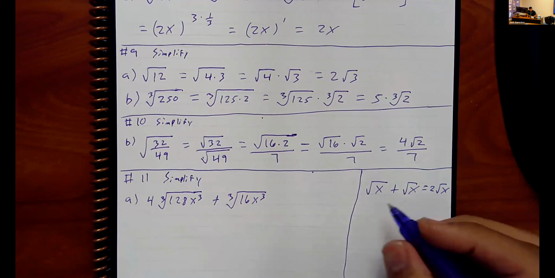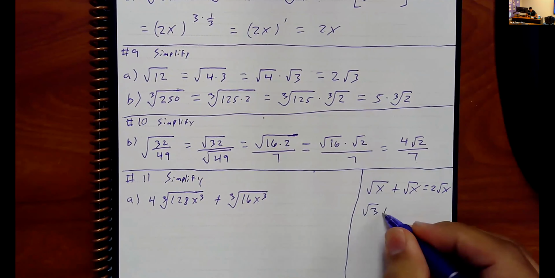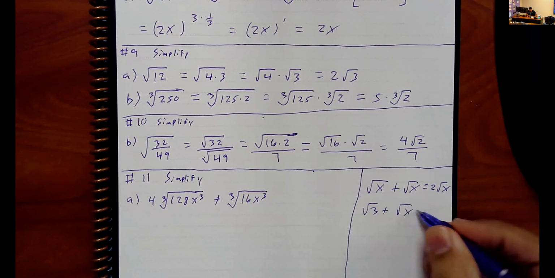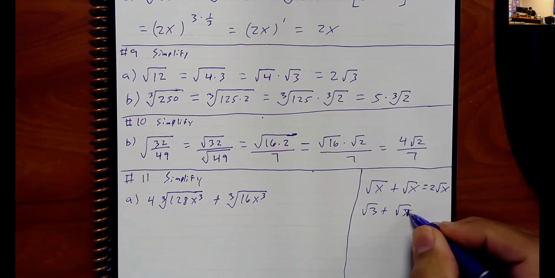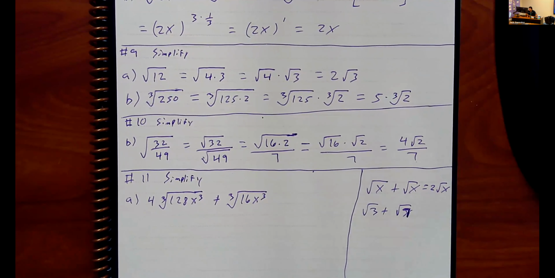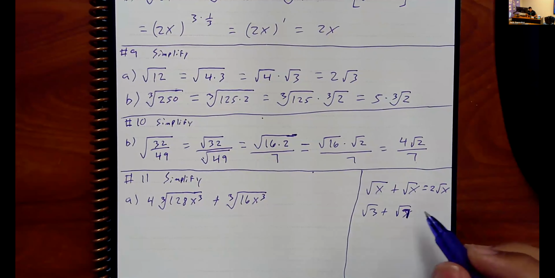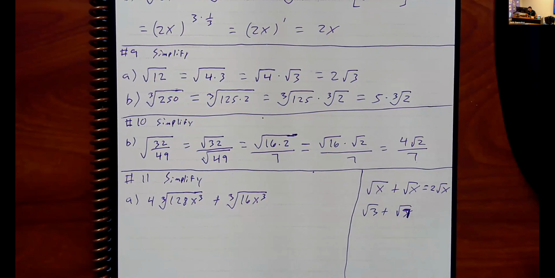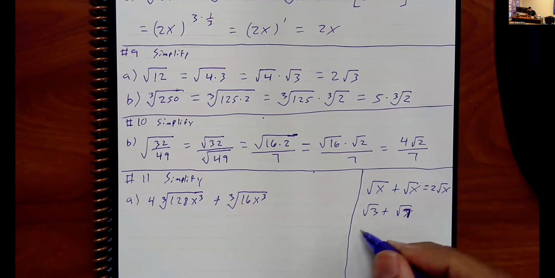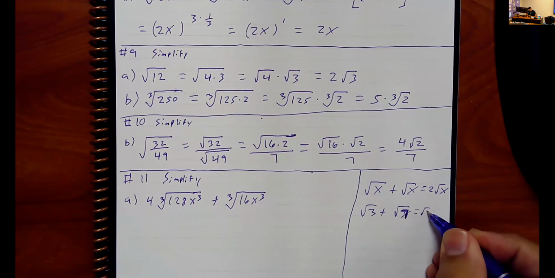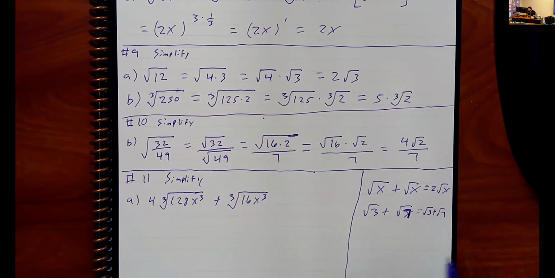Like, for example, if I give you a question like this, I don't know, let's say it's square root 3 plus square root 7. That's it. That's the answer. You can't do anything.